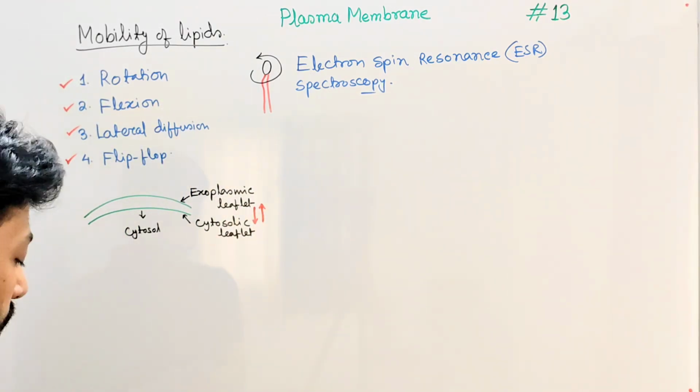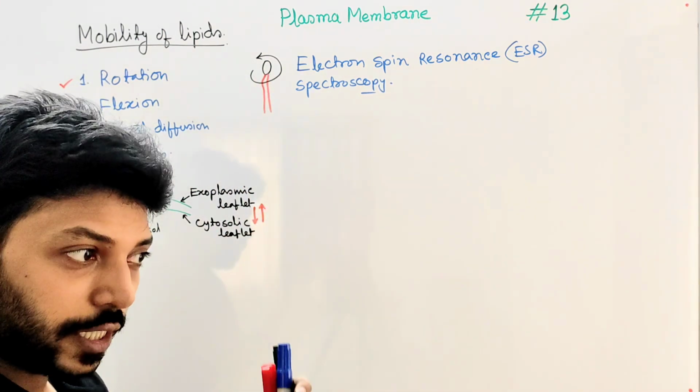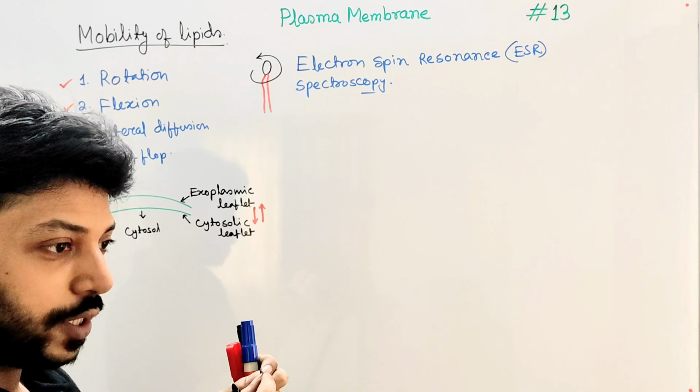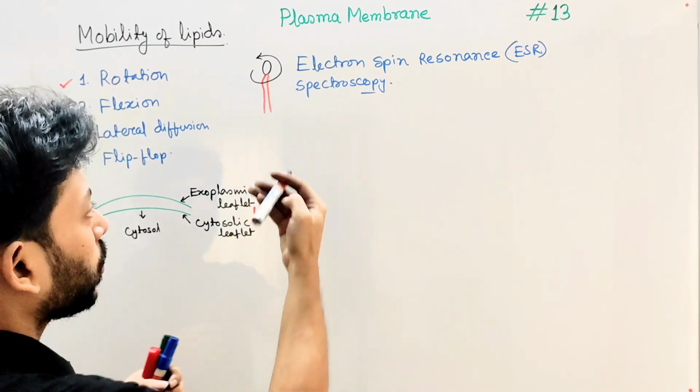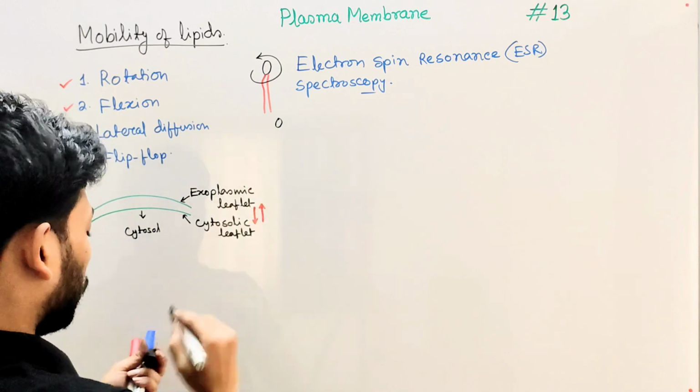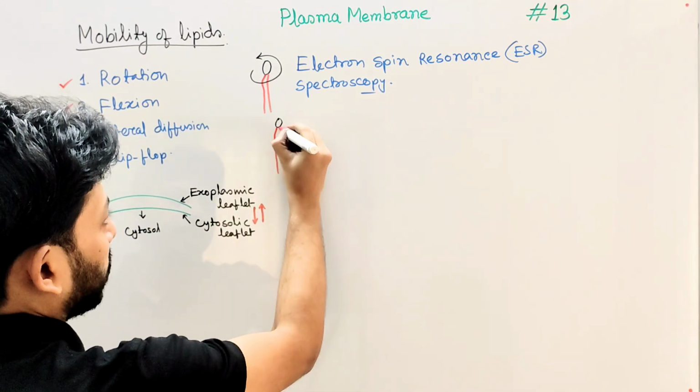Now flexion means the fatty acids attached to the polar head group are flexible, so they can move away and come close. Suppose this is the position of the two fatty acids.